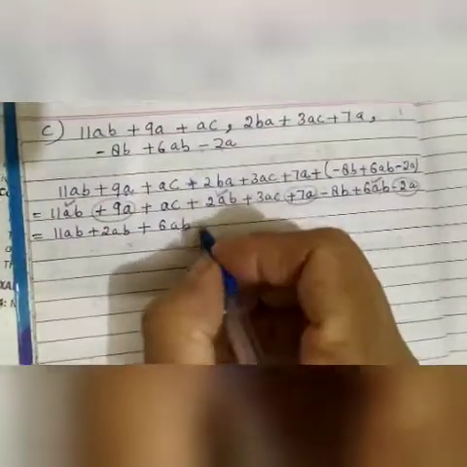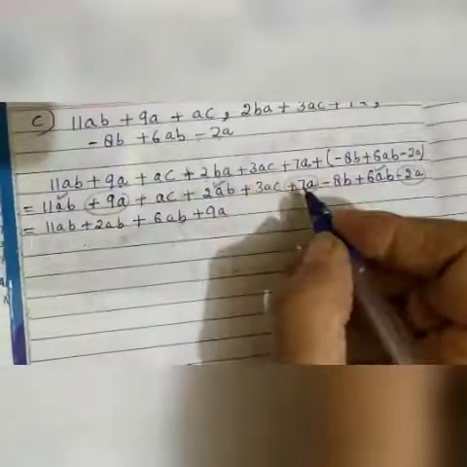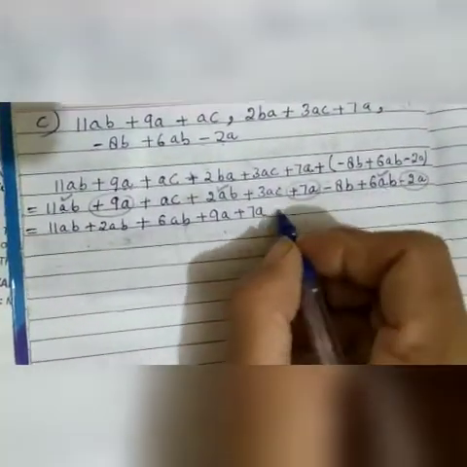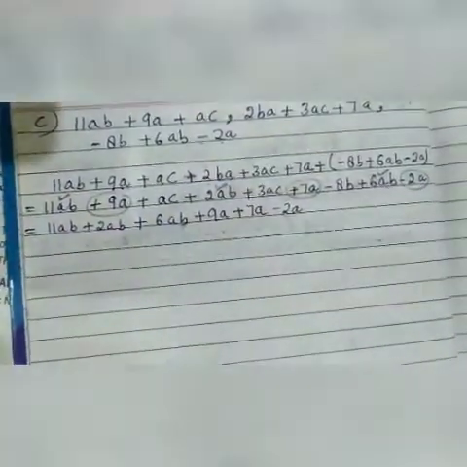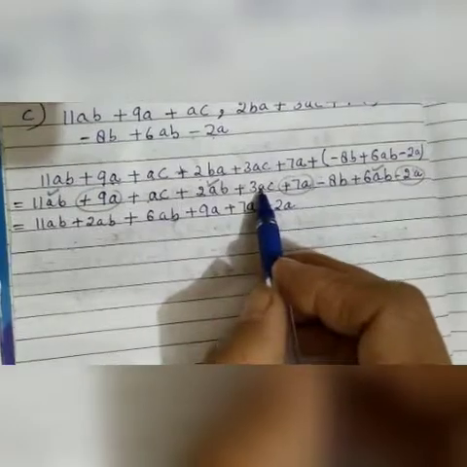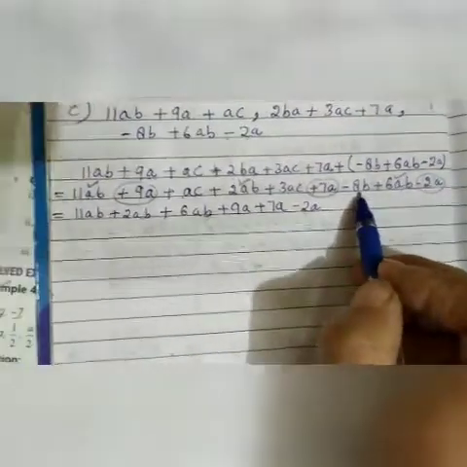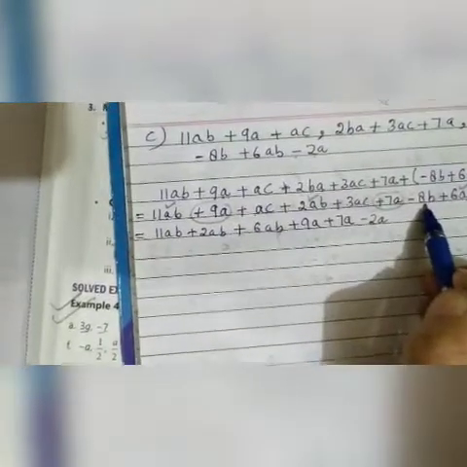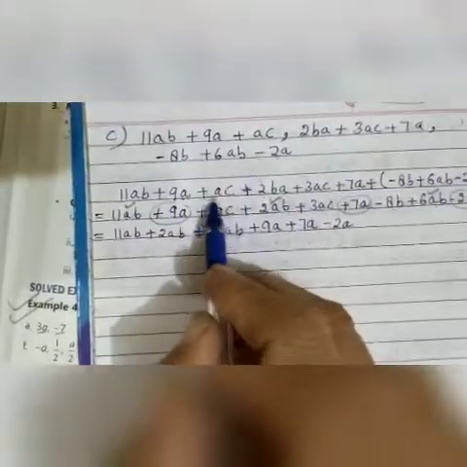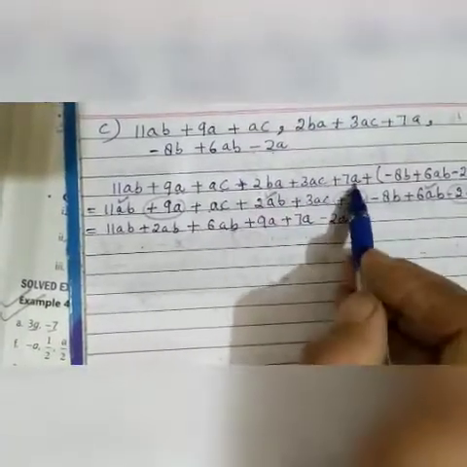Then plus 9a plus 7a and minus 2a. Now remaining terms: plus ac plus 3ac, and this minus 8b. Students, see here, this is ac in the first expression. This is 3ac in the second expression.